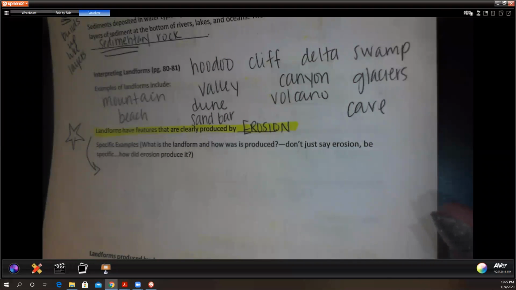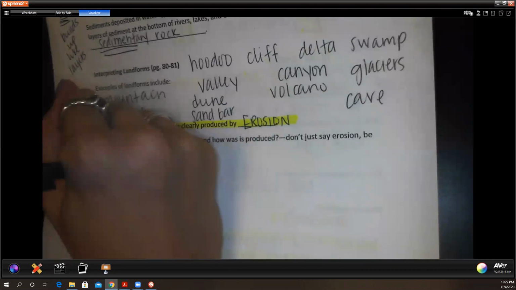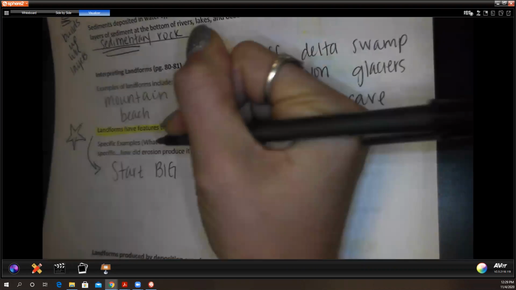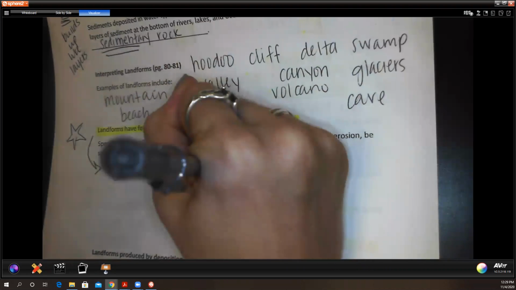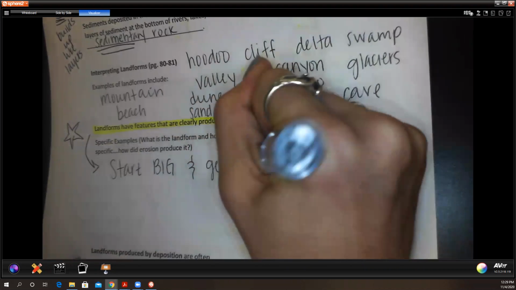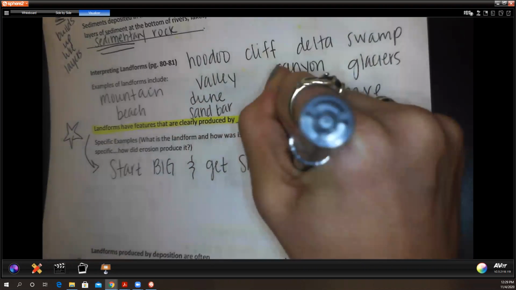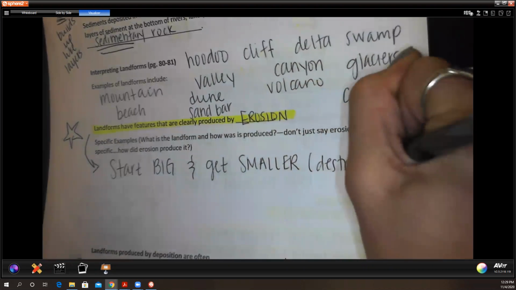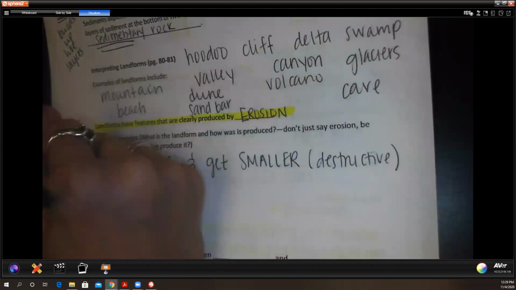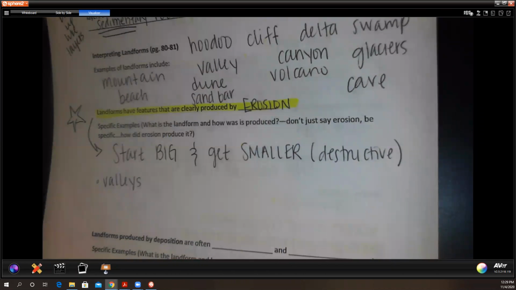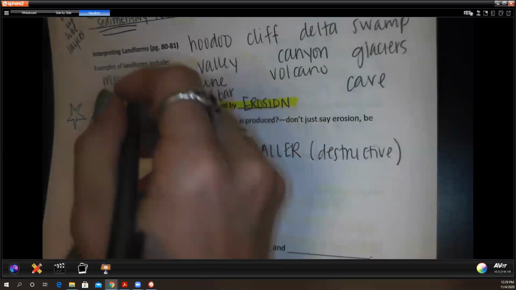Landforms that are formed by erosion start big and get smaller because erosion is destructive. They start big and get smaller. So valleys were originally mountains and then glaciers carved out a piece in between them, right?